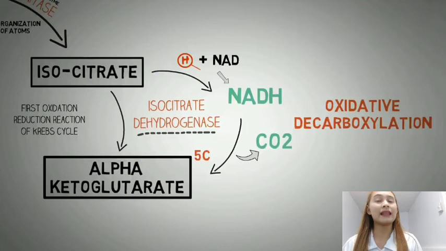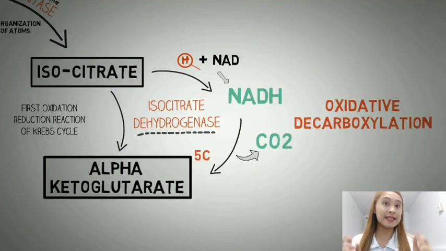Oxidative in the sense that a hydrogen is removed from the isocitrate, and decarboxylation in the sense that a carbon group is also removed from the isocitrate. So the conversion of isocitrate to alpha ketoglutarate is followed by a second decarboxylation reaction.